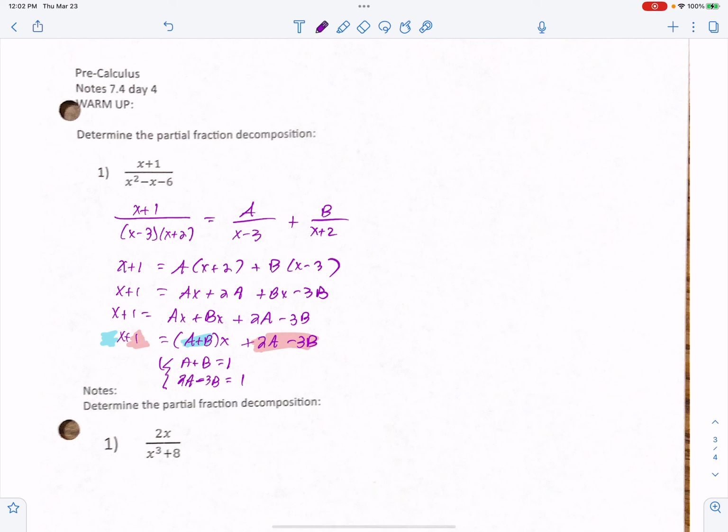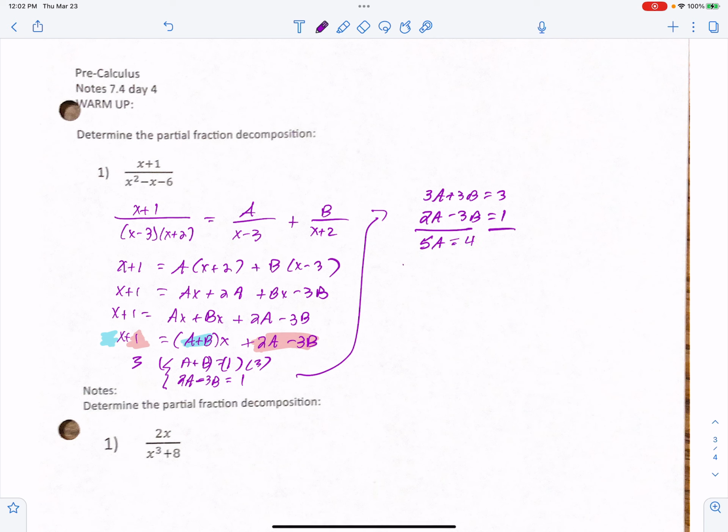If I take the top one times 3, then the B's will be opposite in value, so that when I go to add them, the B's will cancel out. So we're using elimination. And you get 5A equals 4.